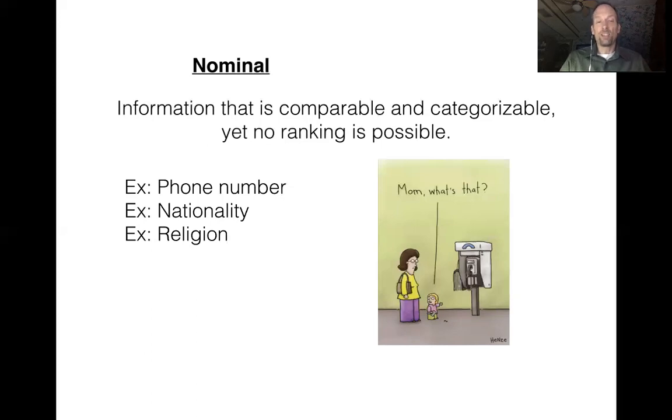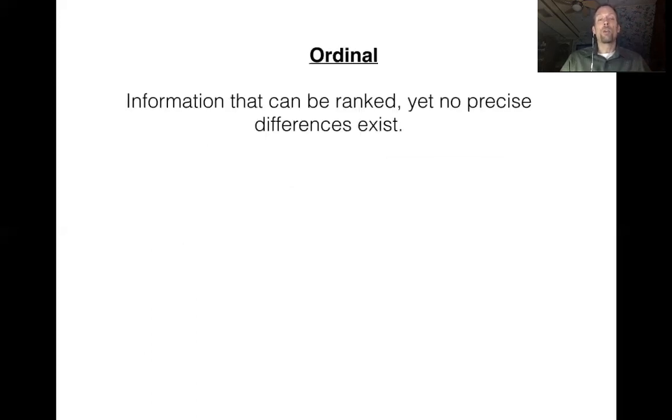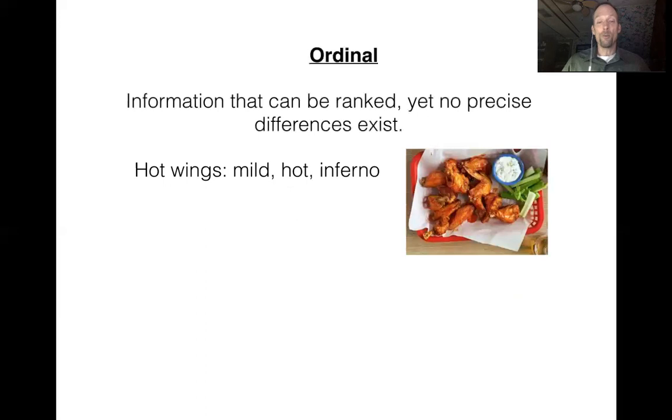Let's take a look at ordinal level data. Ordinal level data is a little more sophisticated. It's information that we can finally rank. The catch is there's no real precise differences among the data values. One of my favorite examples to use is hot wings. If you go into happy hour and you ask your server for hot wings, they might say, do you want mild, hot, or inferno?